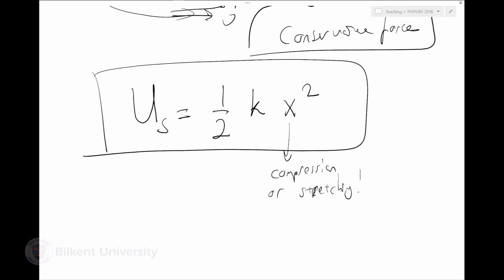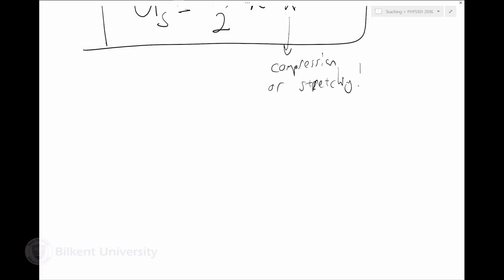So here is what my work energy theorem looks like. Here I'll define a new concept, the total energy, or I'll call this mechanical energy. What do I have in here?